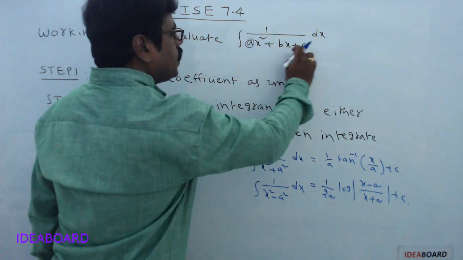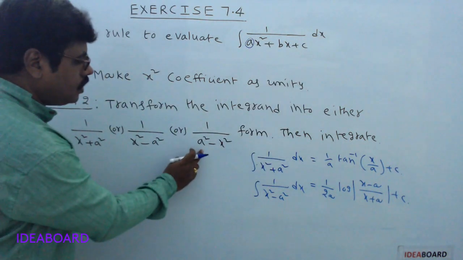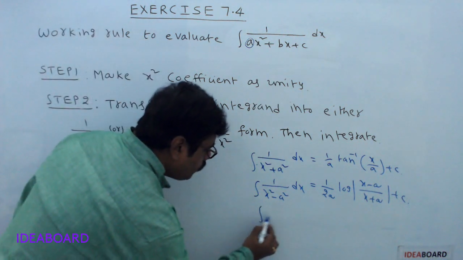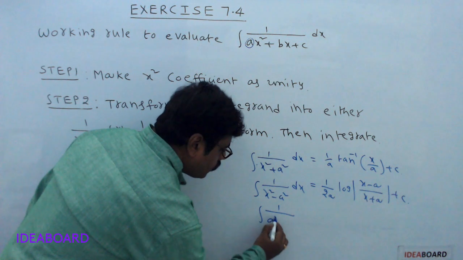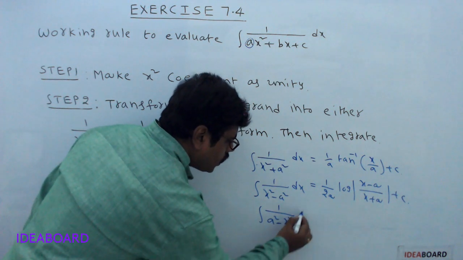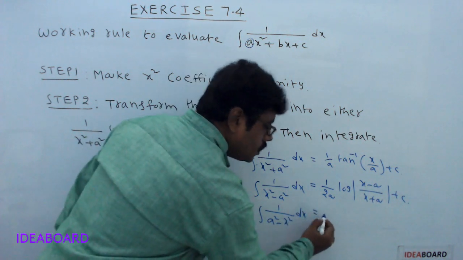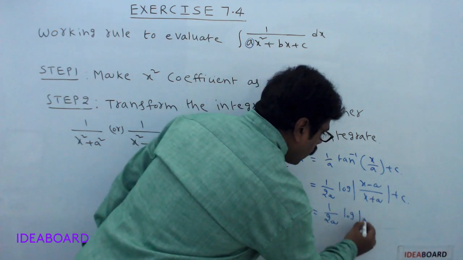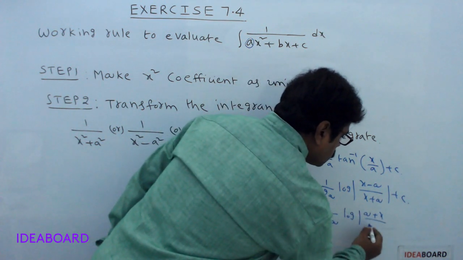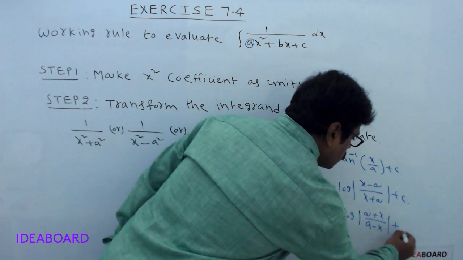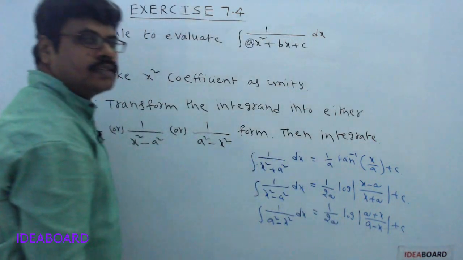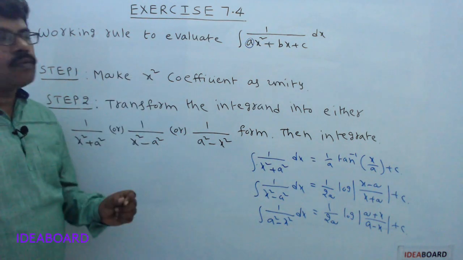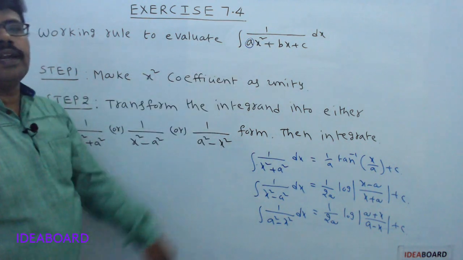Suppose it is reduced to the third form. In such a case, use the formula integral 1 divided by a square minus x square dx, which is 1 divided by 2a into log mod a plus x divided by a minus x plus some constant c. Now this is the working rule to evaluate this type of integrals.